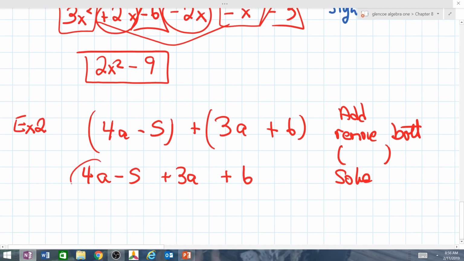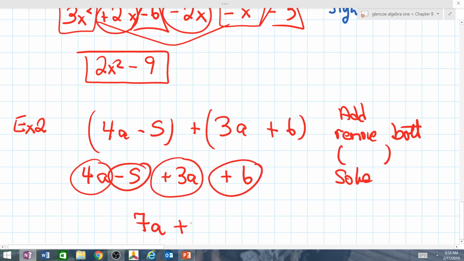The like terms here would be 4a plus 3a, which gives us what? 7a. And then we have a minus 5 plus 6, which would give me a plus 1. Okay? Does anybody have a question?